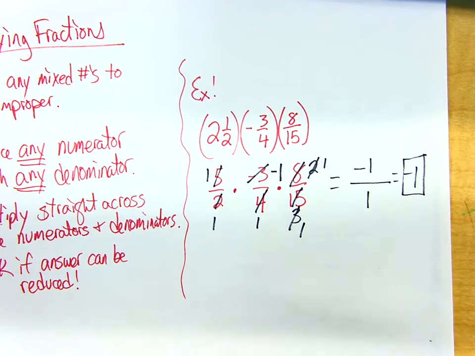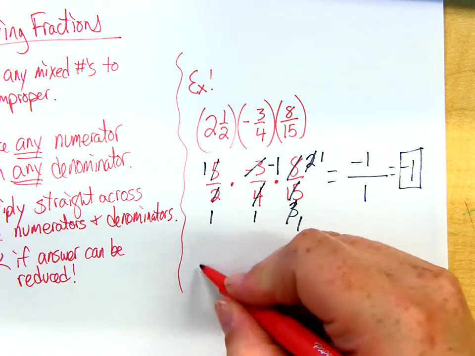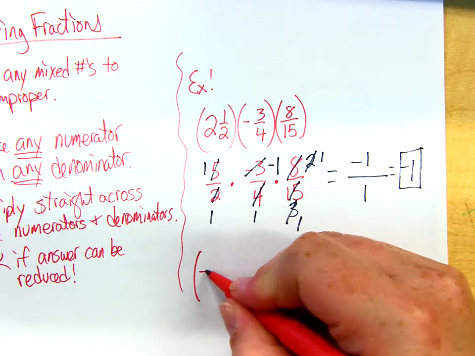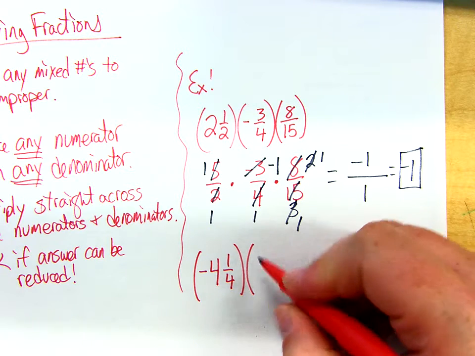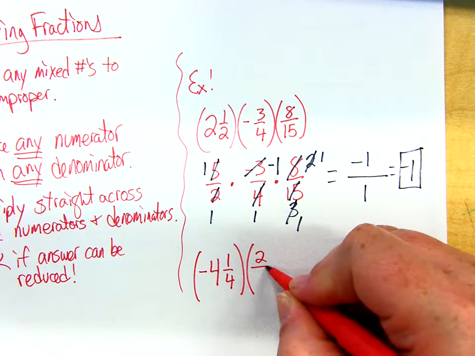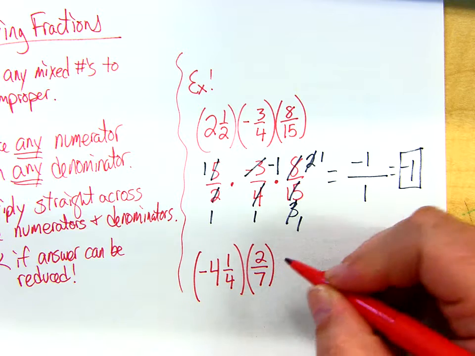Okay, let's try another one. Let's try -4 and 1/4 times 2.